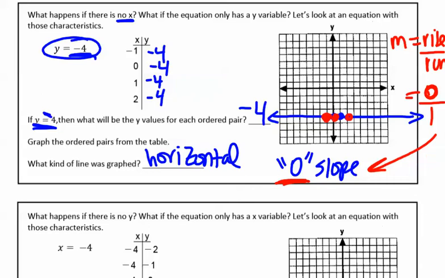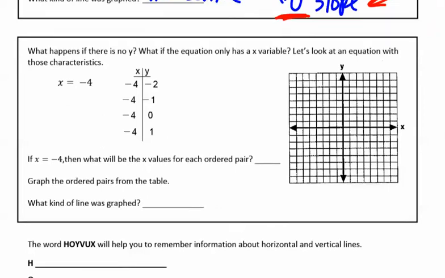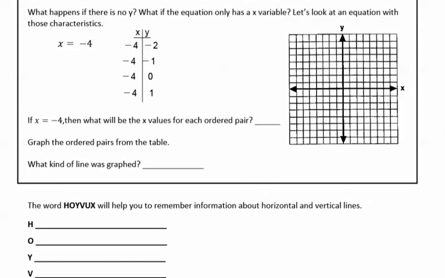Okay? Let's look at the next one. All right, here, we don't have a y now. Instead, it's x equals negative 4. So x is always negative 4. X is never going to change. It's always negative 4. All right? So, again, if x equals negative 4 and that's it, x is always negative 4.